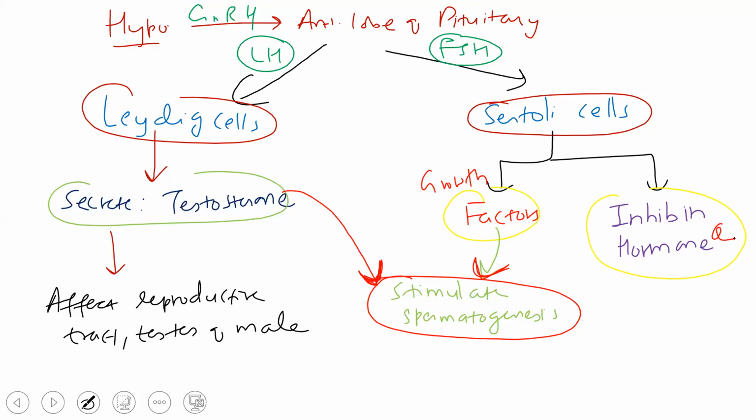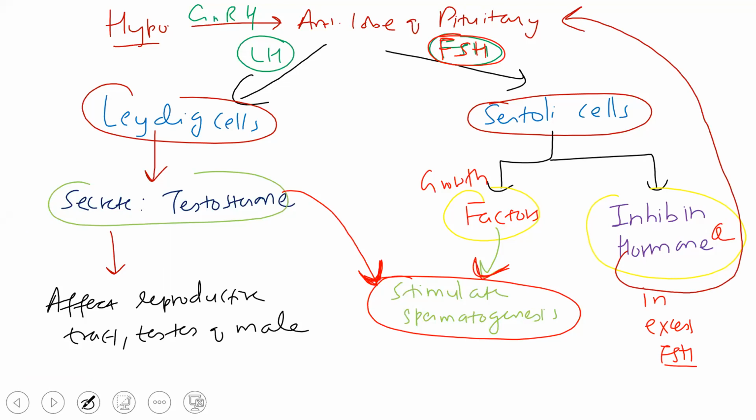When FSH is produced more than required, when it is in excess, what will happen? This inhibin will go on and act onto the anterior lobe of the pituitary and stop the synthesis of FSH.